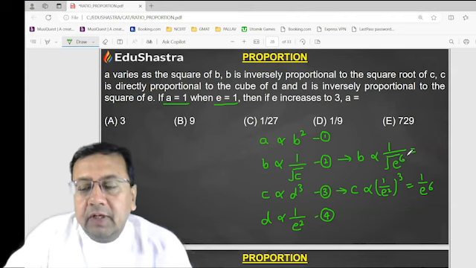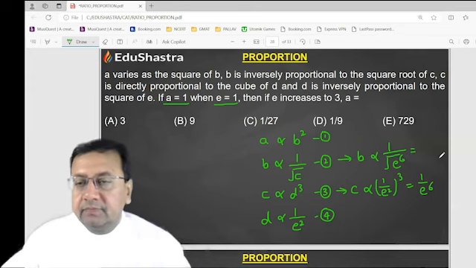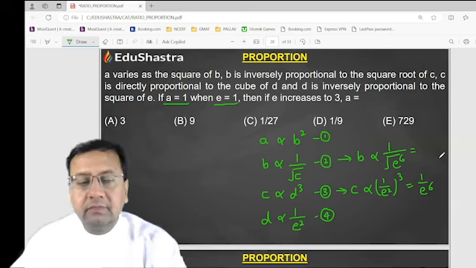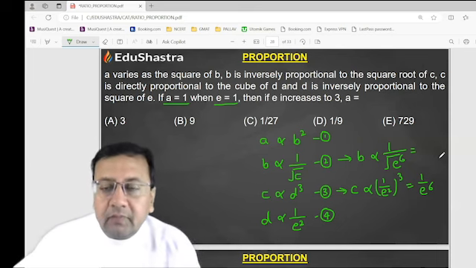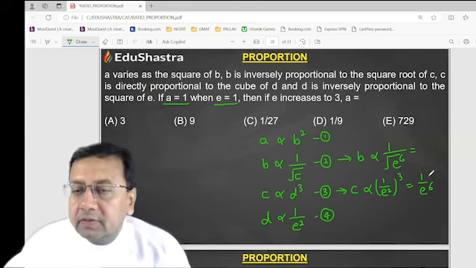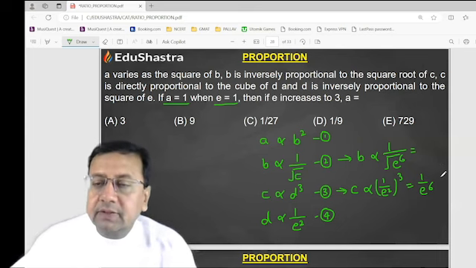What is the value of B we are getting? So 1 by e raised to power 3. B is inversely proportional. Yes.